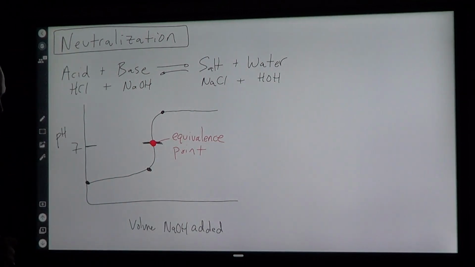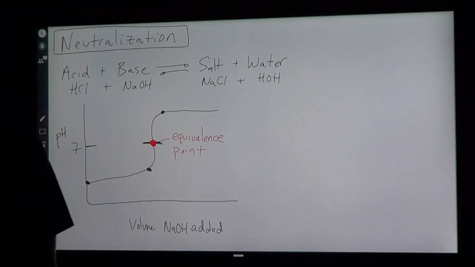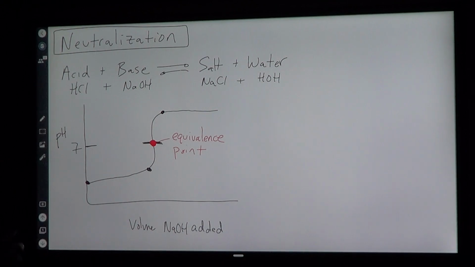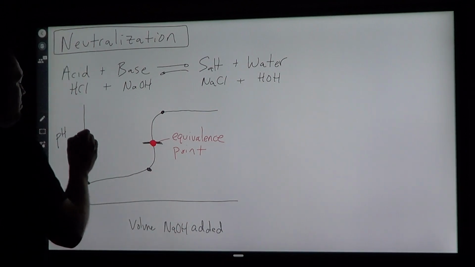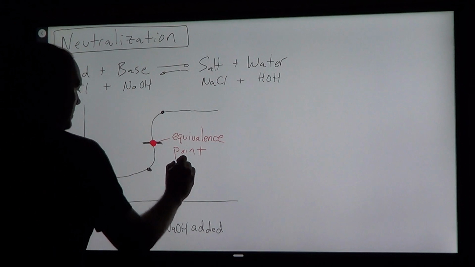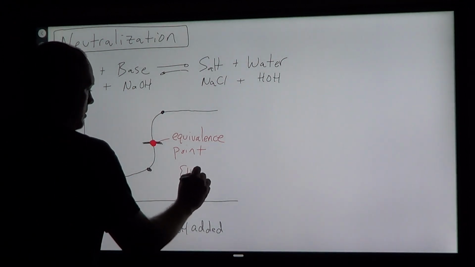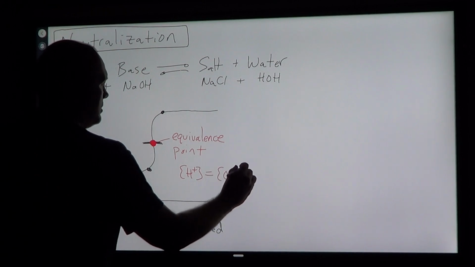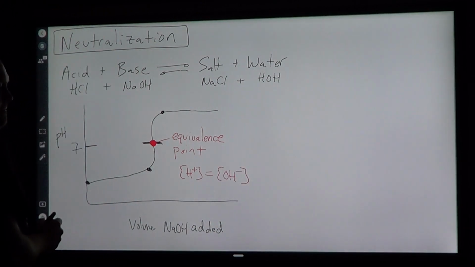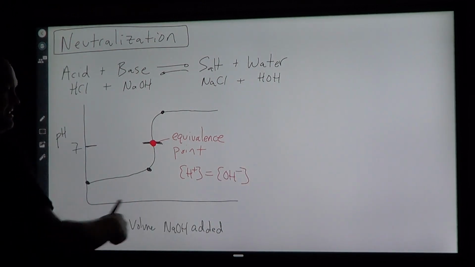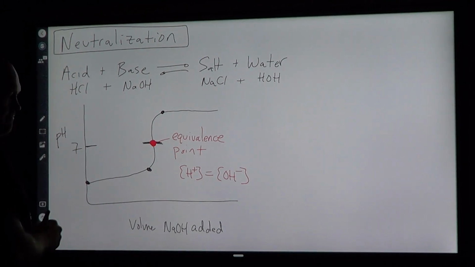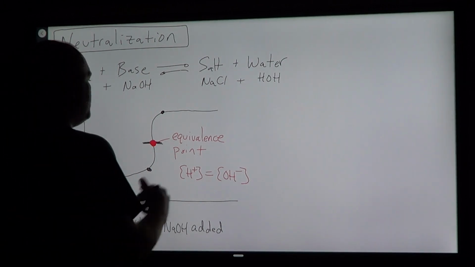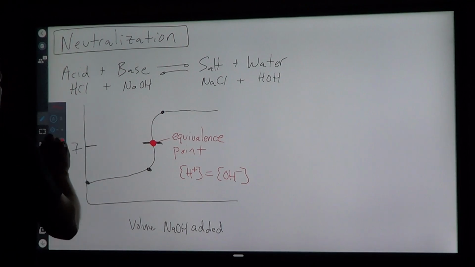The equivalence point is the point at which the amount of H+ you've added from the unknown is now equal to the amount of OH- from the base that you've added. Which brings us to an old equation.